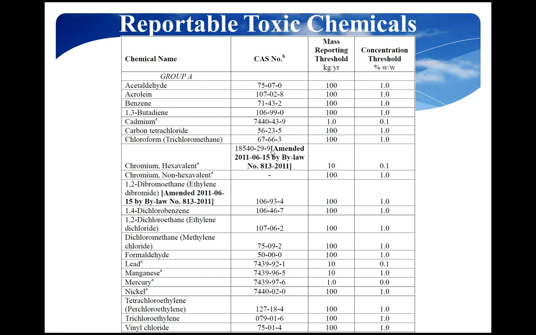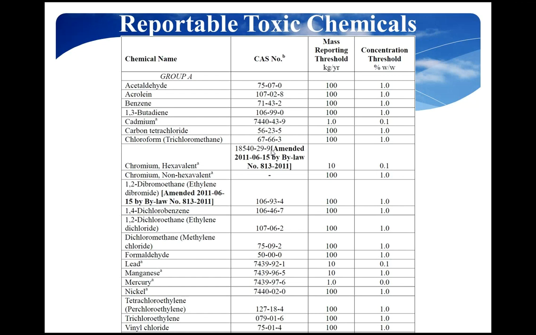And you'll note that the mass reporting thresholds are significantly lower. So for example, the first one, acetaldehyde, has a threshold of 10 tons under NPRI, but only 100 kilograms under ChemTRAC. And that's common for most of these chemicals, pretty much all of them.